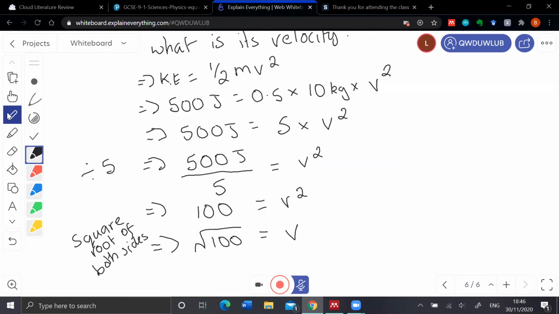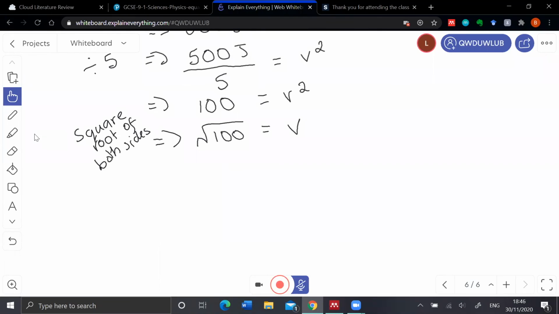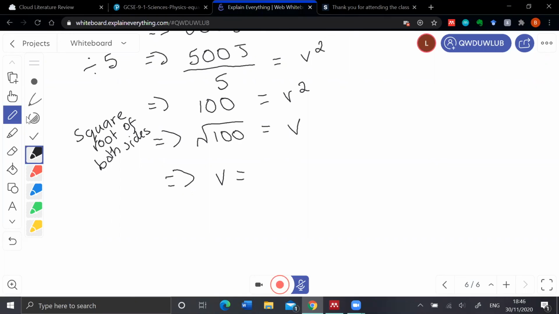The square root of 100 is 10. Sometimes it might not be as obvious, you might need a calculator, but that's still fine. So v is 10, and that was the speed or velocity.